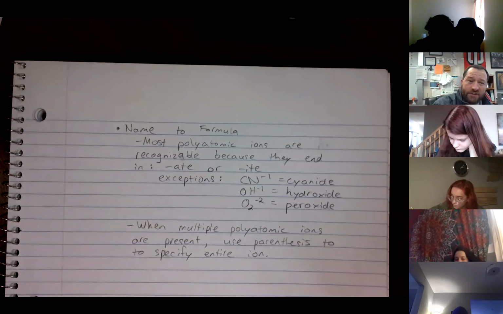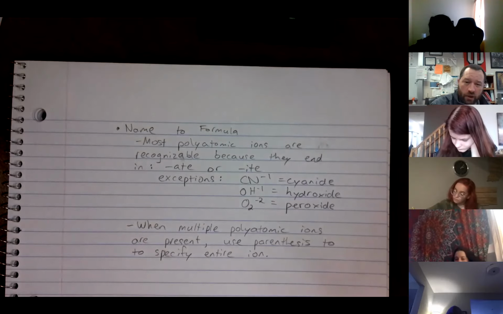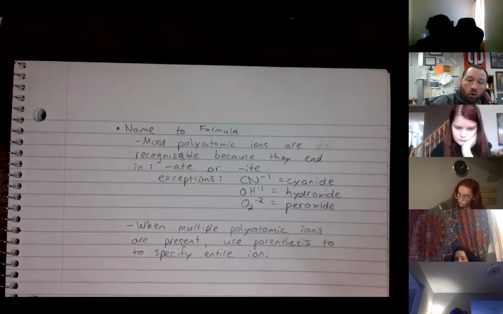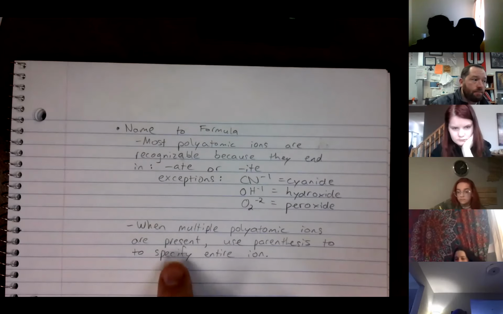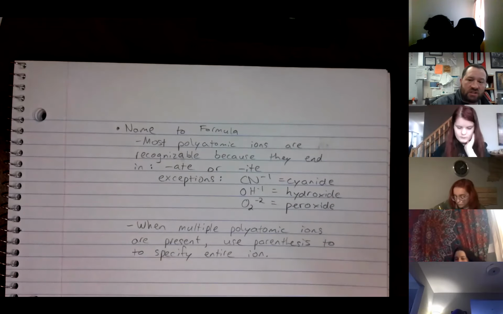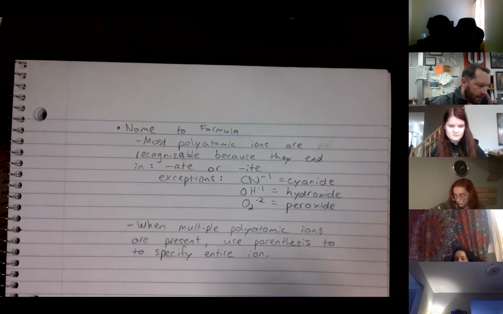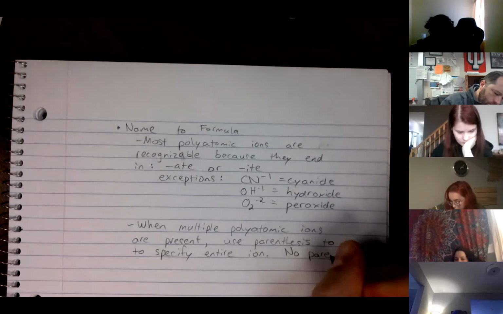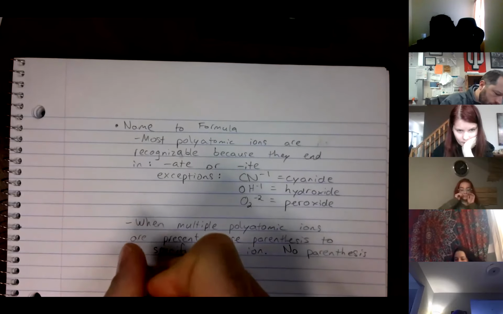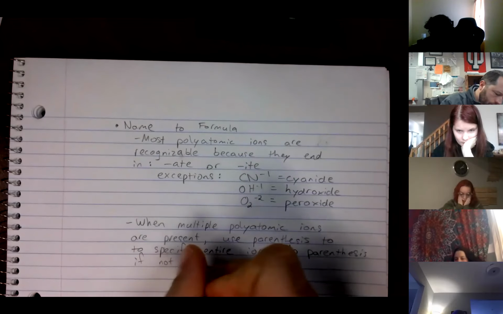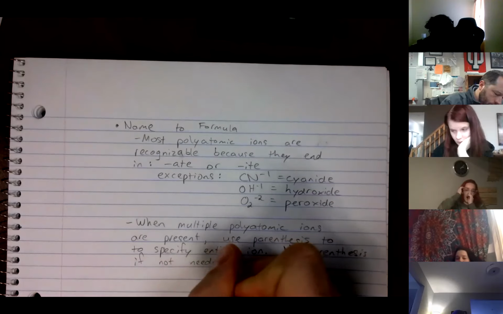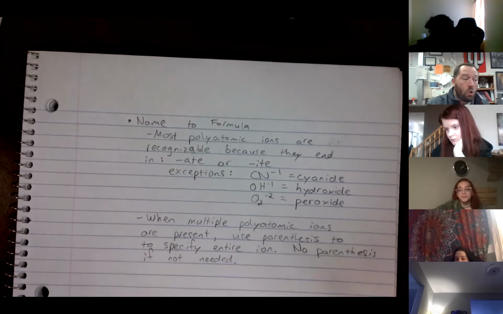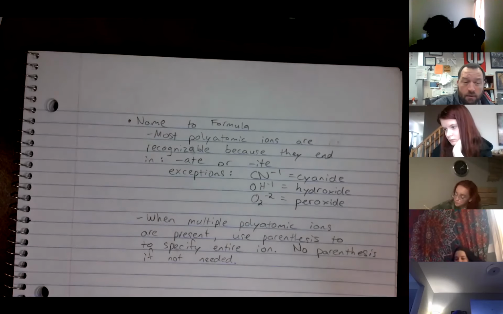You kind of saw this a little bit on the front. We had an example or two there. Whenever you have multiple polyatomic ions, use parentheses to specify the entire ion. No parentheses if they're not needed.